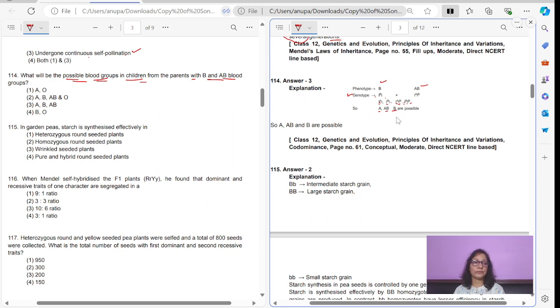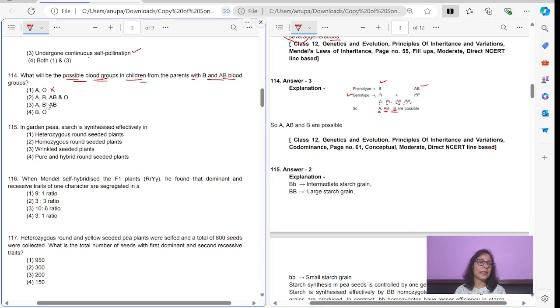So the kids will have A, AB, and B blood groups. Let's see the options. The first is A, O. This is not correct. The second is AB, AB and O. This is also not the right answer. A, B, AB is the correct answer. So the answer for this question will be option number 3.